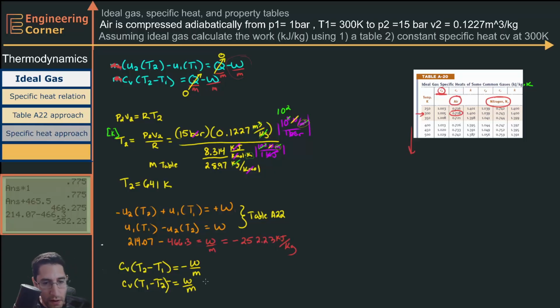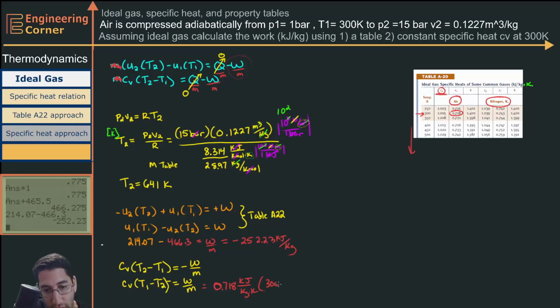So I can go over here and I can say, all right, this is equal to 0.718. The units are kilojoules per kilogram Kelvin. And then I just need T1 and T2.